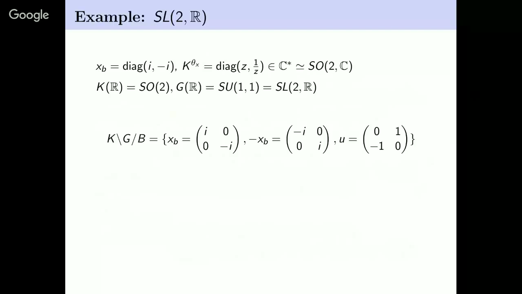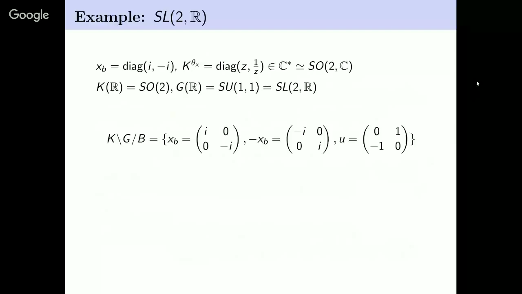So if you think about it for a moment, this XB and minus XB are both fixed by conjugation by H. H acts by conjugation on U, and in fact, instead of U, I could have put any element of the form 0, Z, minus 1 over Z, 0. Those are all conjugate to XB, but furthermore, they're all conjugate by H. And so after you mod out by conjugation by H, this is the 3 elements.